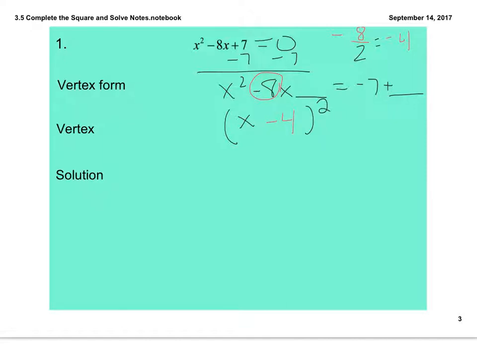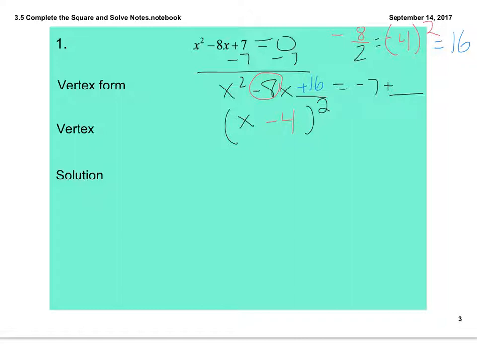Okay. Now that we have our negative 4, we're going to square that quantity, and that is going to be equal to 16. In order to complete the square, we must have x squared minus 8x plus 16.